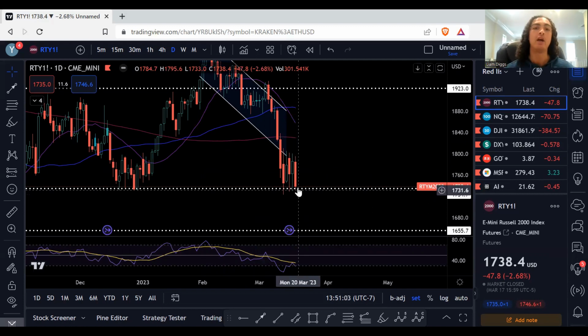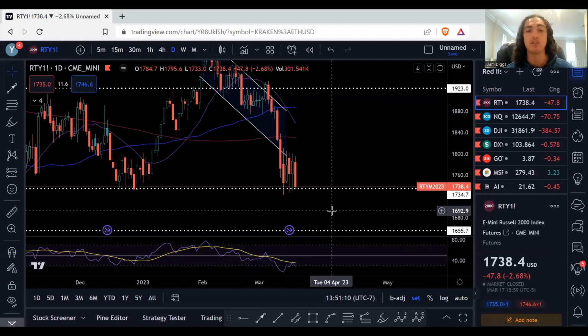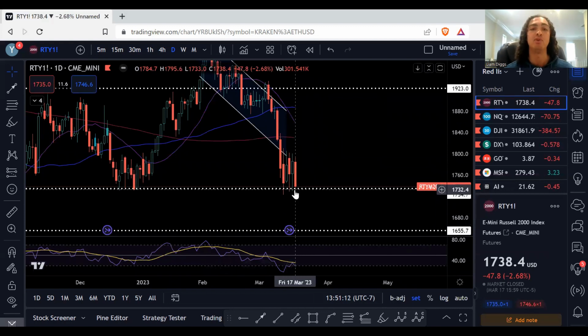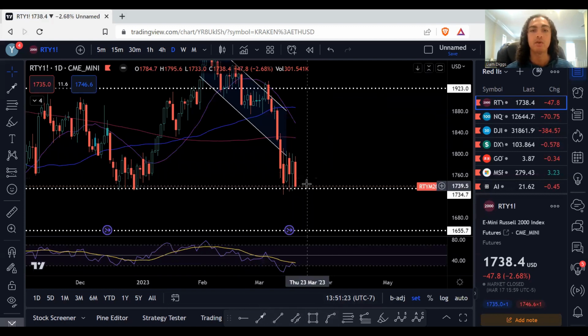Typically what this means is that price action is at about the same point, but RSI is measuring the strength of this move, and what it's telling us is that this move is not quite as strong as this move back here on Monday.